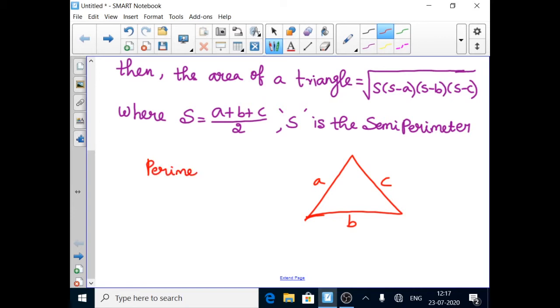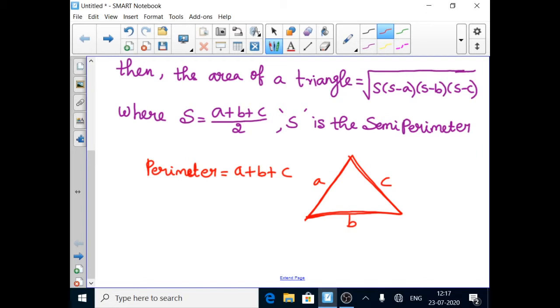Perimeter means the length of the boundary. So here the boundary lines are a, b, c, and the sum of the boundary lines means a plus b plus c. If you divide by 2, it is called half of the perimeter. Half of the perimeter is called semi-perimeter. Yes, so now we will start the exercise.